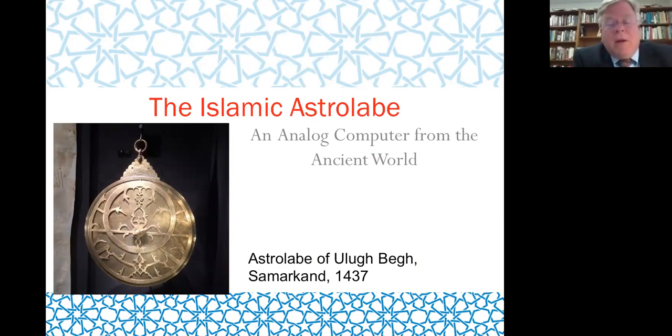And then I want to give a brief overview of what the astrolabe actually is as an instrument. The astrolabe is a model of the heavens, and it's used for telling time, calculating prayer times, and determining the heights of objects, which is what I want to talk about now.